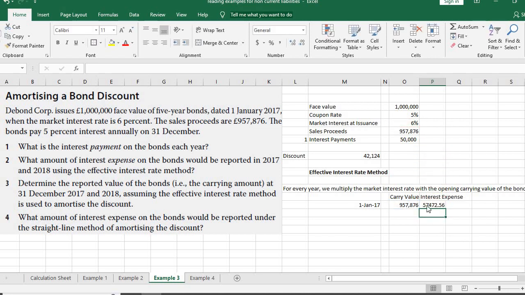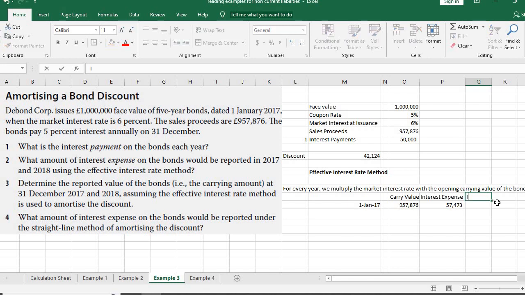Since it's an annual coupon bond, we don't need to divide this 6% by anything. So interest expense for the year 2017 that is going to be reported on the income statement will be 57,473, and the interest payment to our bondholders will be 50,000.